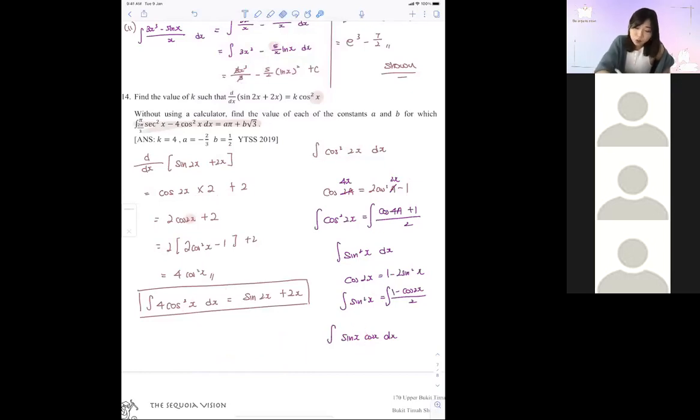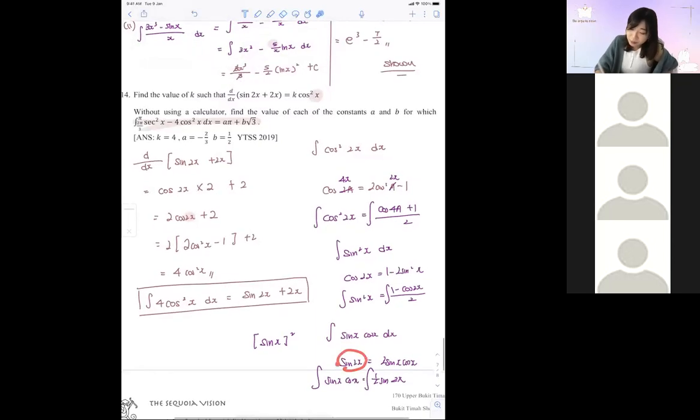You know that sine 2x is 2 sine x cosine x. So sine x cosine x is half sine 2x. Integrating this is integrating this. You still can use a double angle formula, but in this case, you use the sine double angle formula.